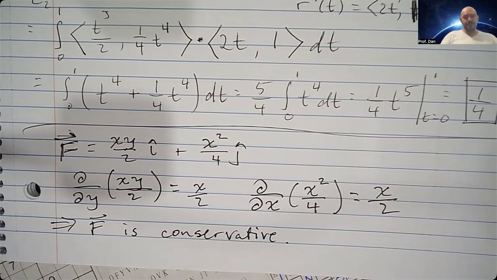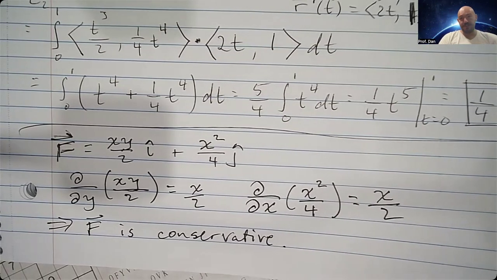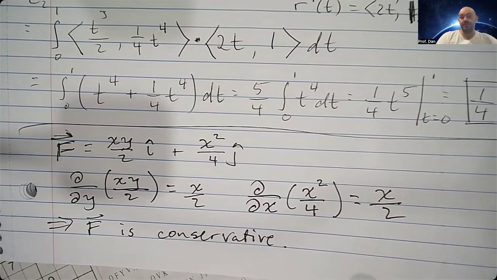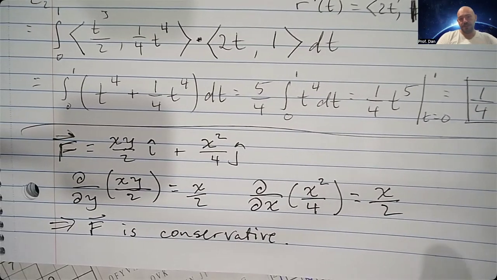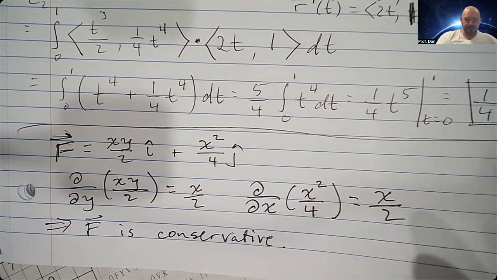Because the force field is conservative, the amount of work done by the force field is independent of the path. And this is generally true for conservative force fields, which is why this is something that you see a lot with gravitational fields and electric fields, because they're all conservative. The amount of work done on a particle in either of those fields is independent of the path.